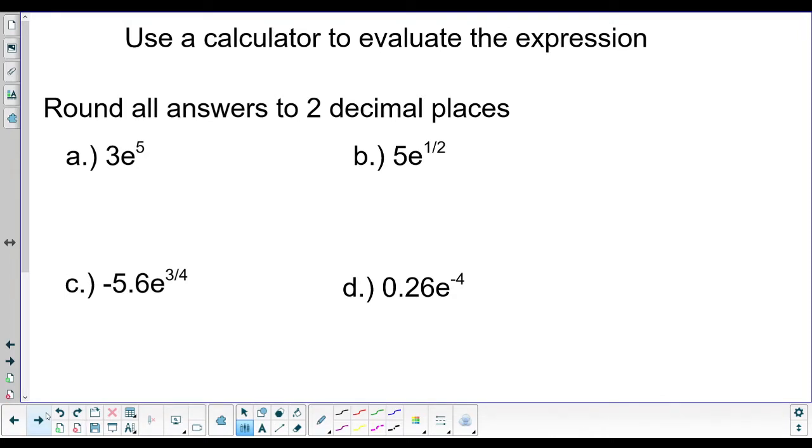And then we're going to write down what it says. It's pretty straightforward. I wish I had a calculator that I could bring up and show you, but you're really just typing it in. So for this, it would be 3 times. Then you're probably going to have to press the second or the shift button. Let me look for it on my calculator really quick. There it is.